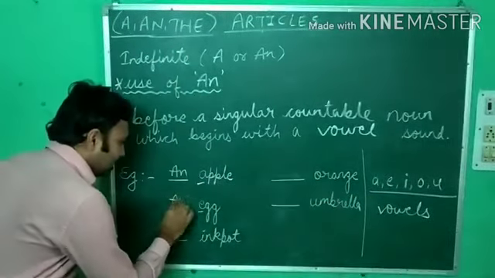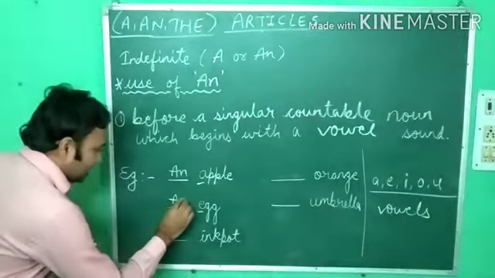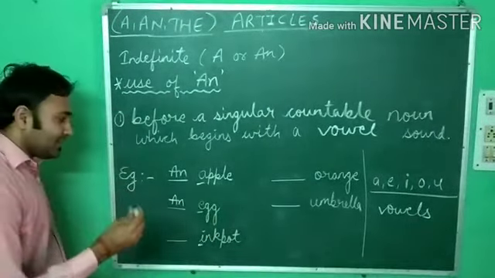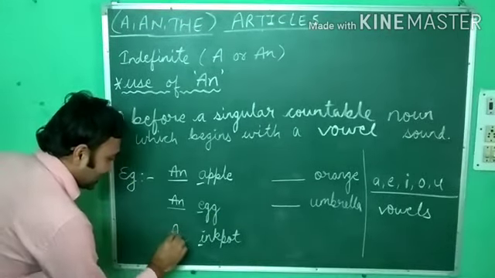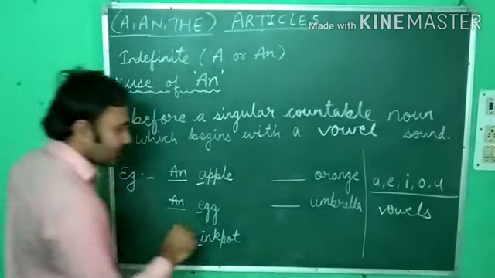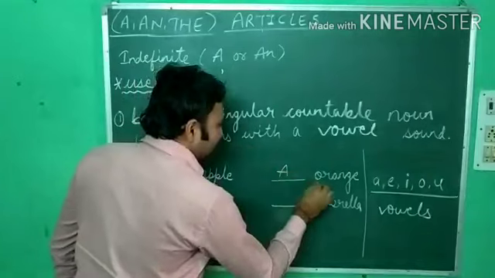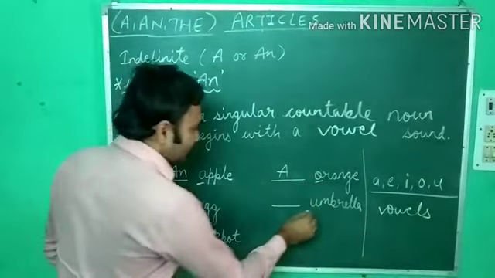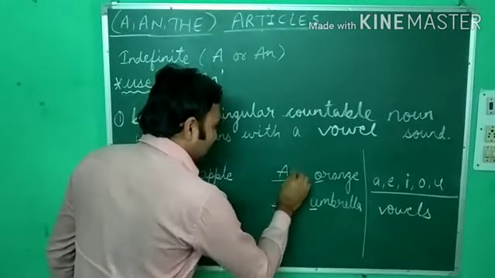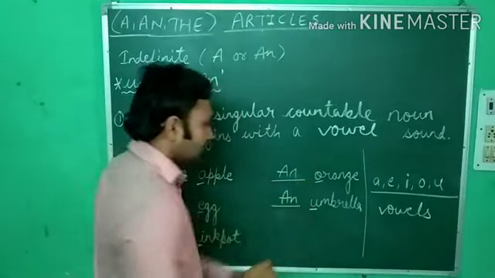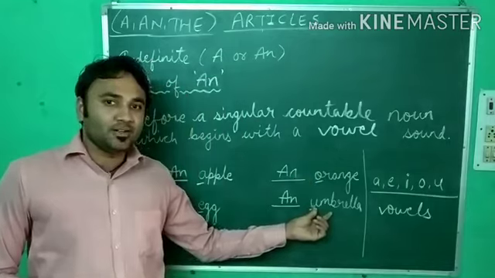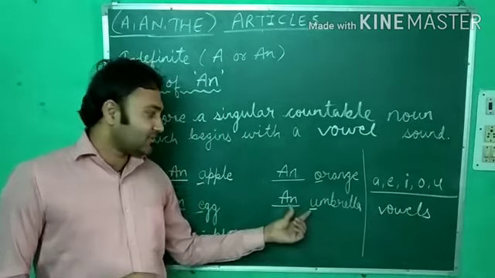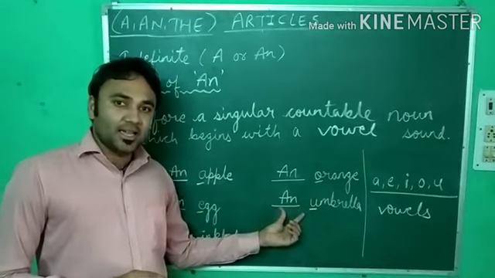Hence, we will write an here. Now, again, this word inkpot, again it is a vowel sound. Hence, we will write an inkpot. An orange, because it is beginning with a letter O and it is a vowel sound. In the same way, an umbrella, because it is beginning with a vowel letter and we are getting a vowel sound. Hence, we have written article an.